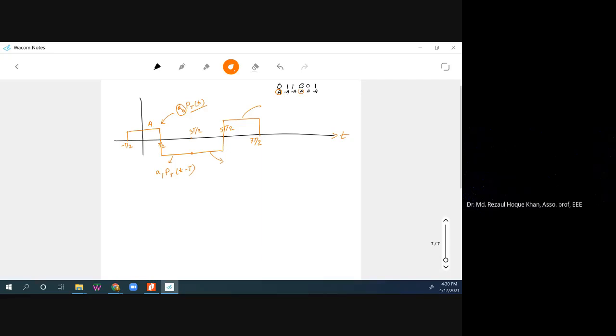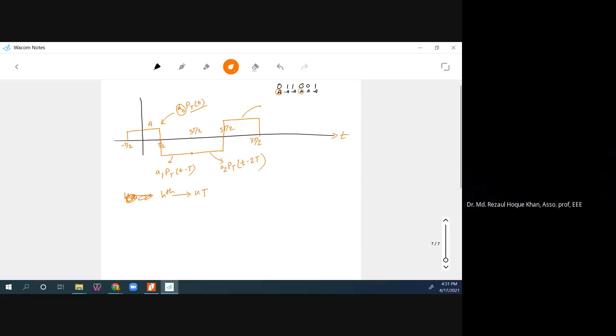So what should be the third symbol? a2 p(t minus 2T), this one shifted by 2T. So if we want to find the kth pulse, the kth pulse will be shifted by kT, multiplied by its symbol, right?